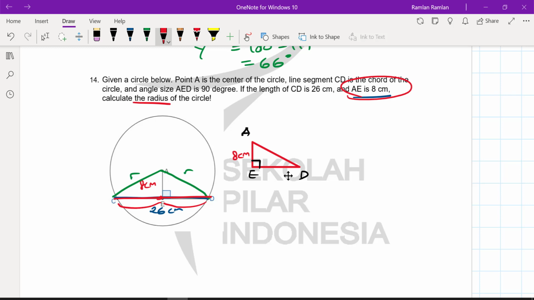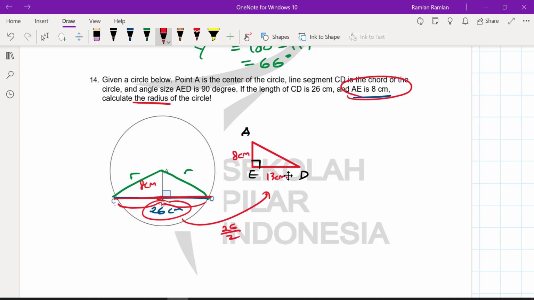These two triangles are the same in measurement, which means CE and ED are going to be the same. So to find the length of CE or ED, we only need to divide this by 2. So 26 divided by 2 equals 13. That'll be 13 centimeters.